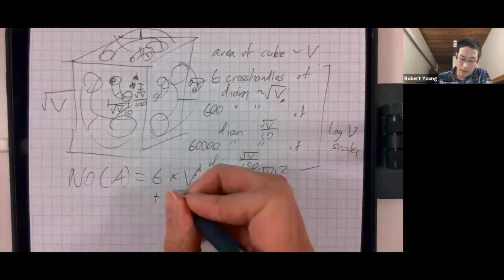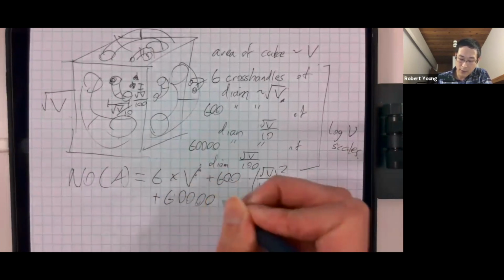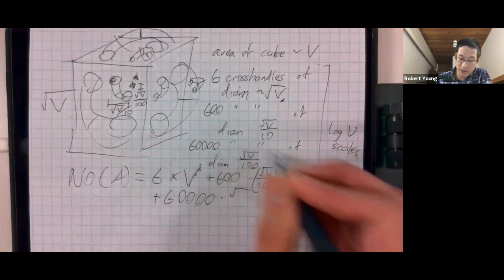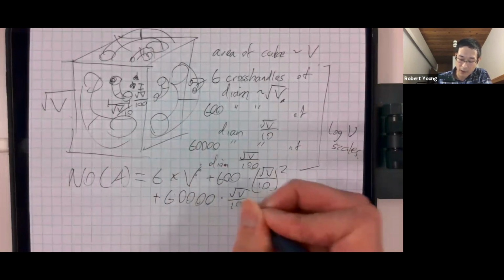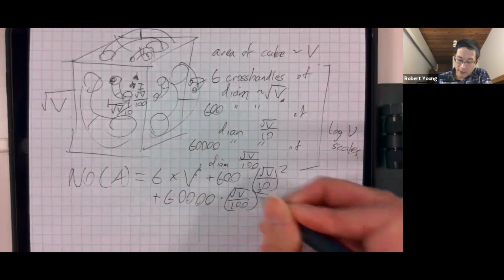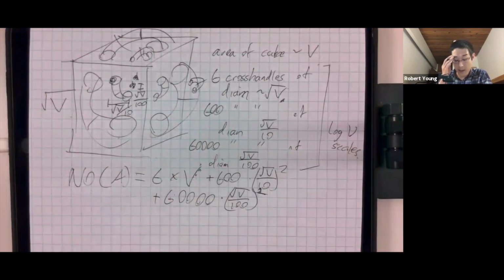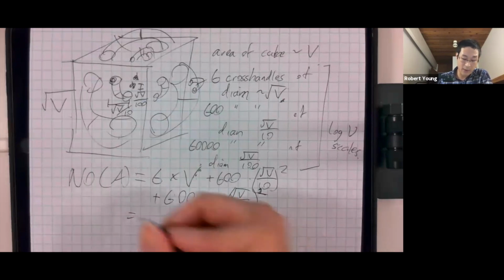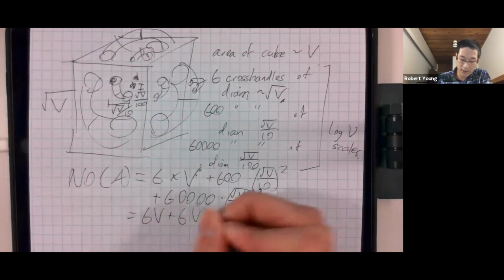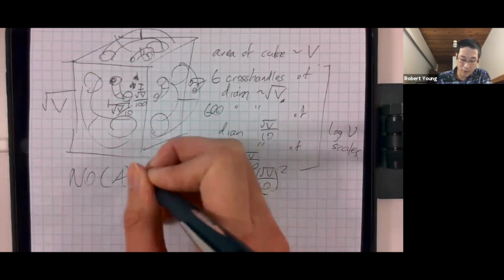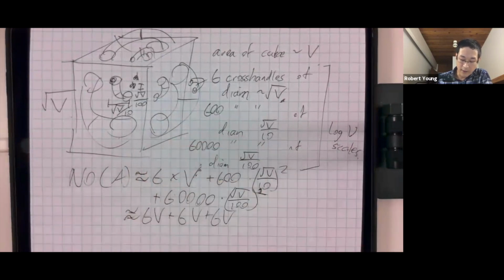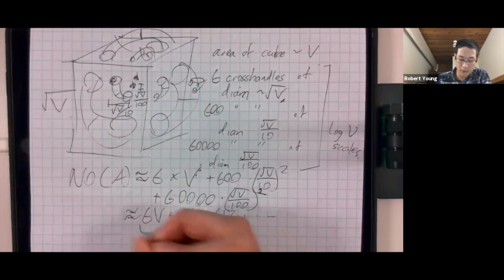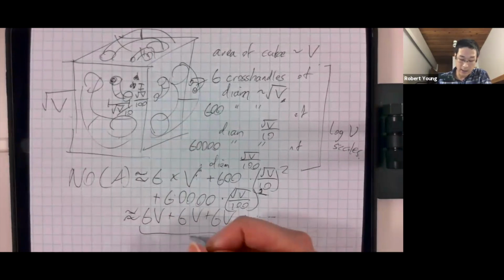And then those 60,000 tiny cross handles of diameter root v over 100, those are each going to contribute about v over 10 to the 4th. And so what we end up with is a total non-orientability of 6v plus 6v plus 6v. I guess all these things are approximate. Total non-orientability of 6v plus 6v plus 6v, and so on and so forth, log many times.